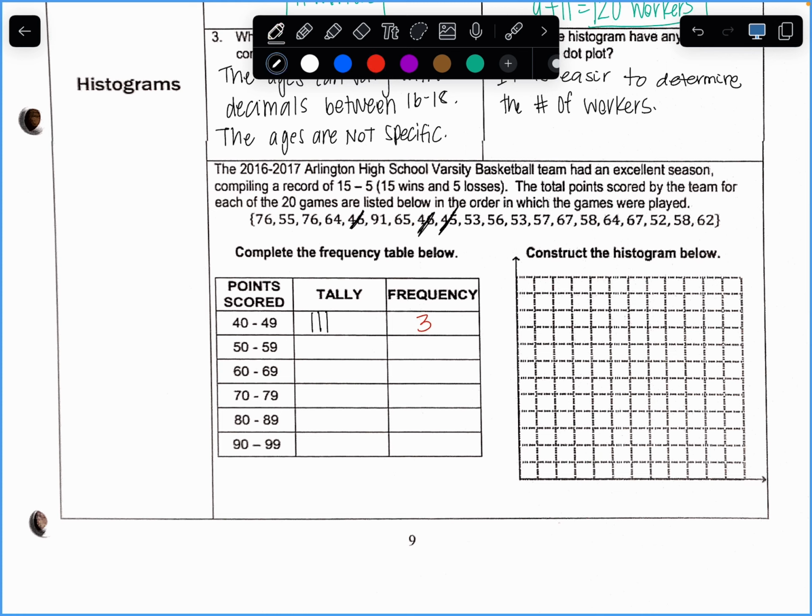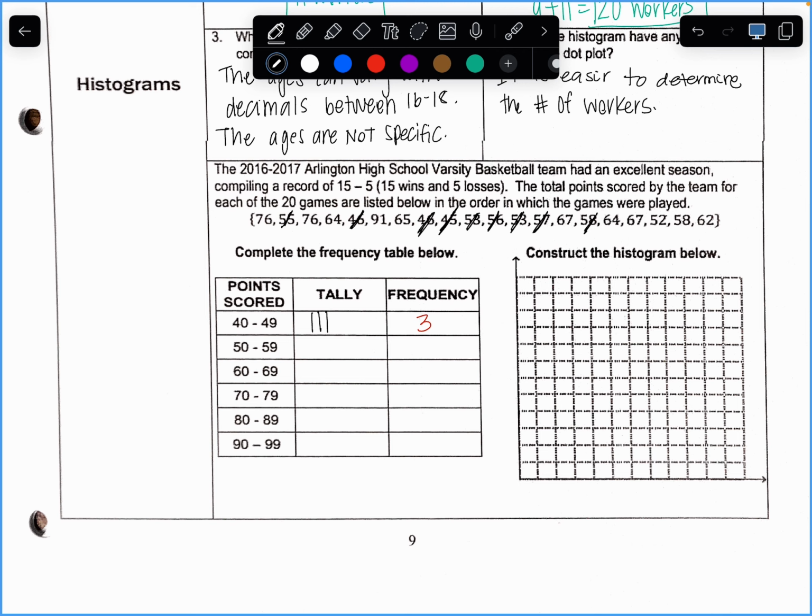You need to do this, so make sure you look at the 50s. 1, 2, 3, 4, 5, 6, 7, 8. Did you guys get 8? Yeah. Okay, so make sure you're doing that. I don't see your paper with work on it.